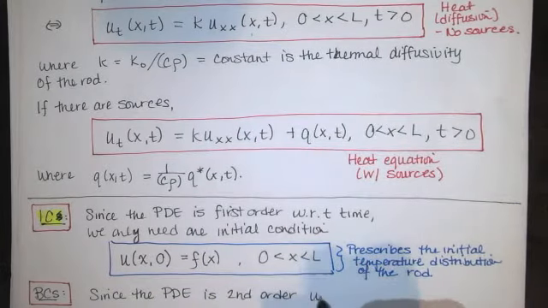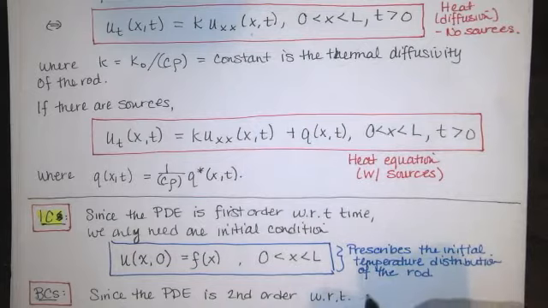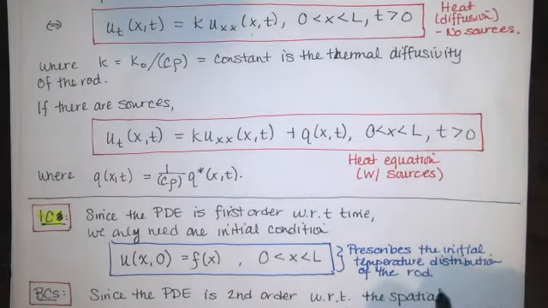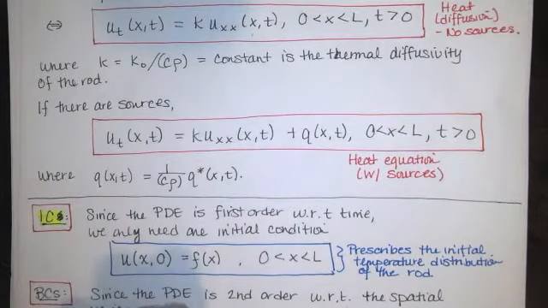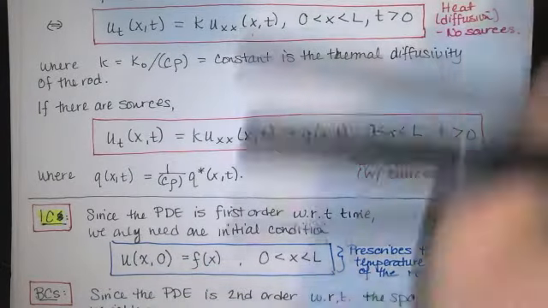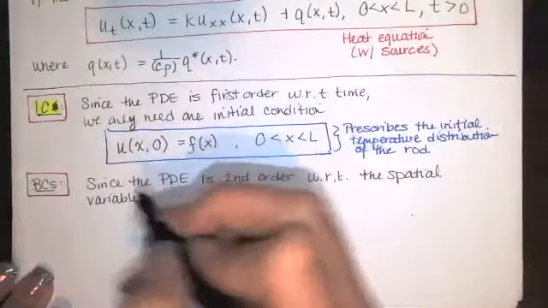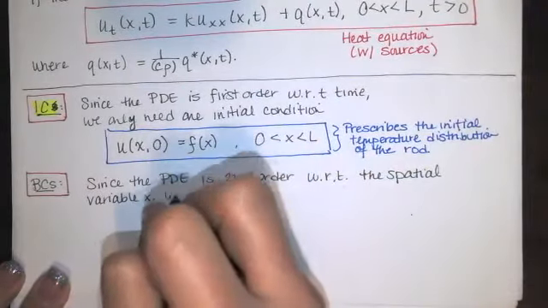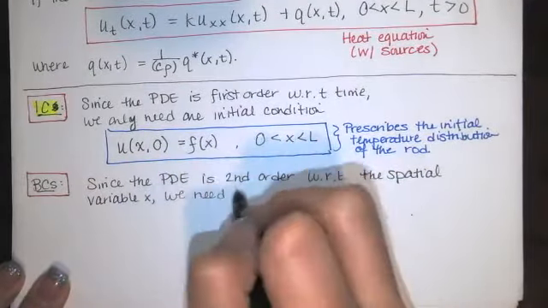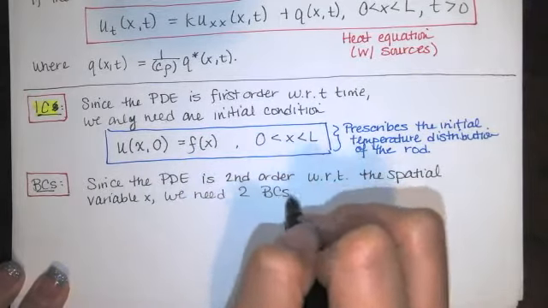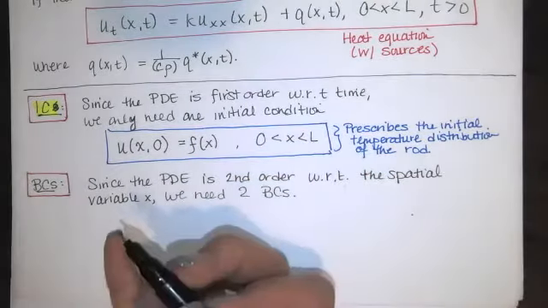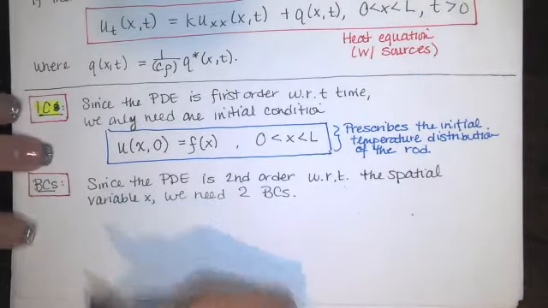Since it's second order with respect to the spatial variable x, we need two boundary conditions in order to describe the temperature in the rod without any constants in it.